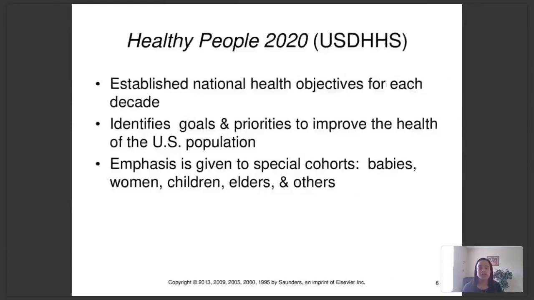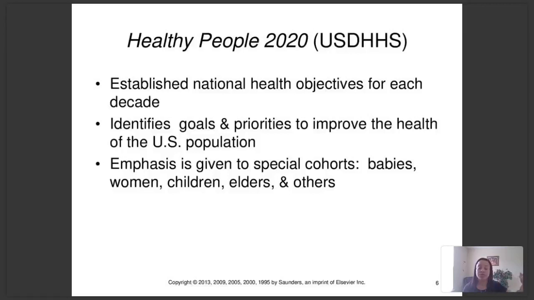Again, Healthy People 2020. When we're looking at Healthy People 2020, we talk about this pretty much with every lecture, community health. You need to focus on those four main overarching goals, but they're national health objectives that we see each decade. We're getting ready to ramp up for the next decade, the 2030s. We're identifying goals and priorities to improve the health of the U.S. population.